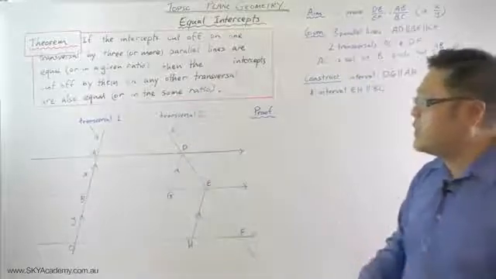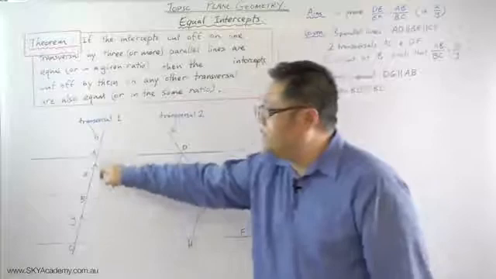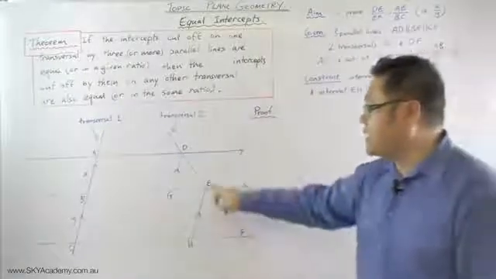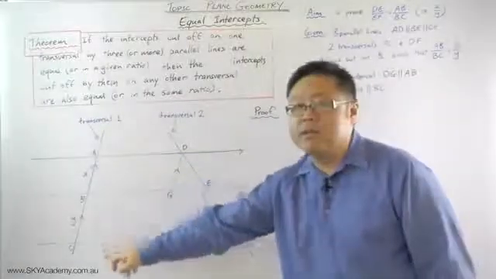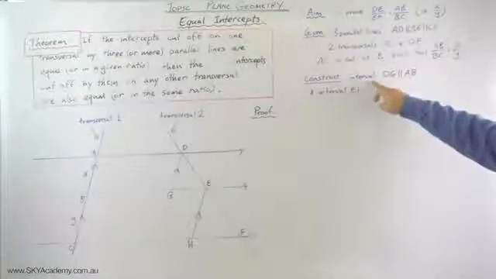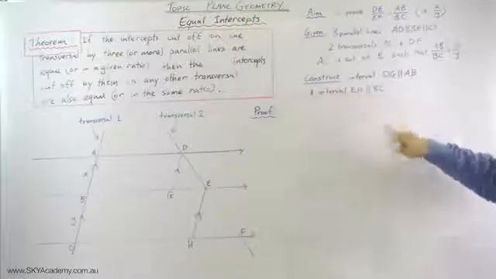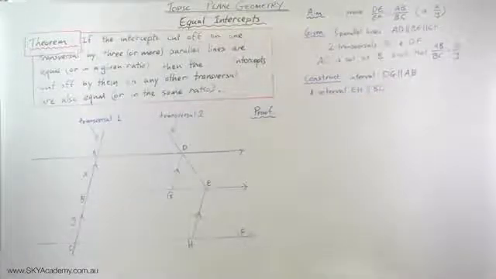I'm going to construct DG parallel to AB, and I'm going to construct EH parallel to BC. So I'm going to construct interval DG parallel to AB, and interval EH parallel to BC.